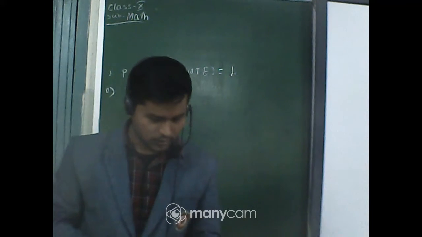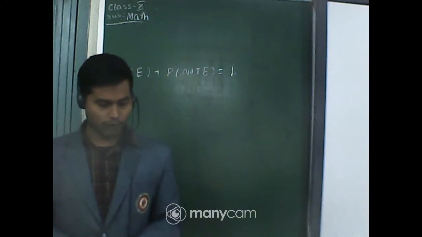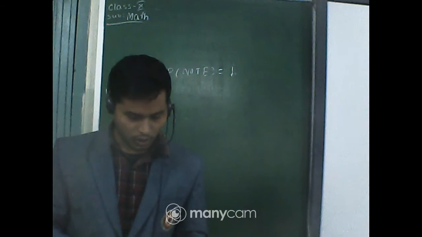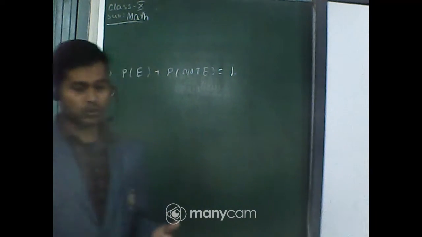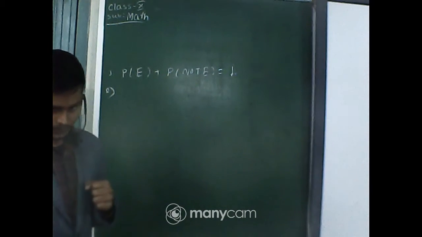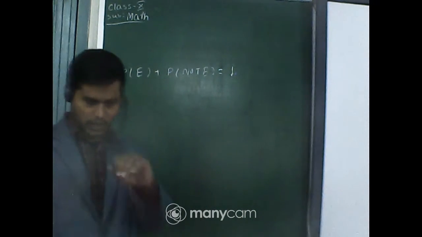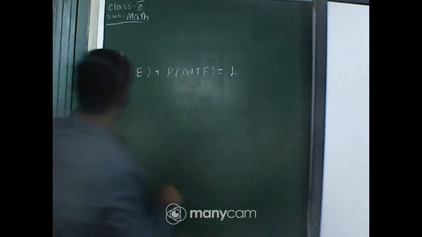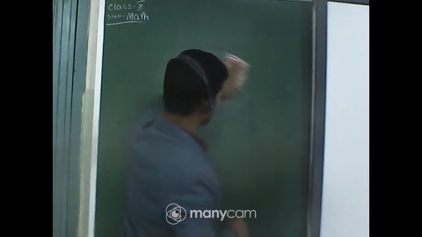The next question is, the sum of the probabilities of all elementary events of an experiment is equal to what? Is equal to 1. I'd like to explain why the sum of the probabilities of all elementary events is equal to 1. Suppose you have a die and you throw it.